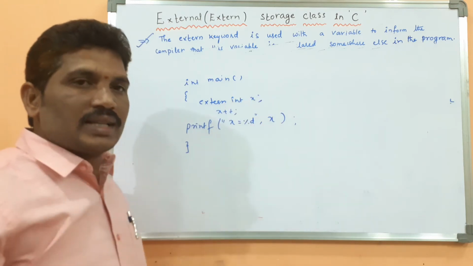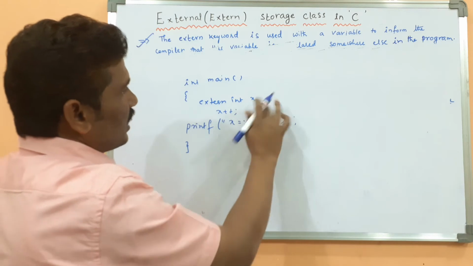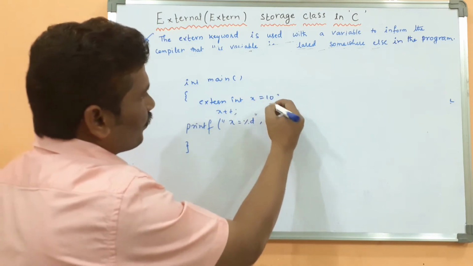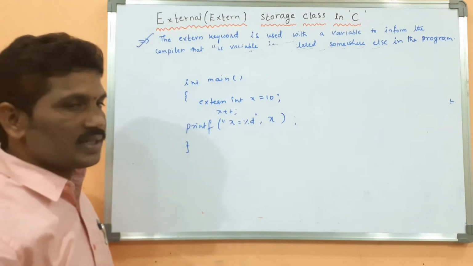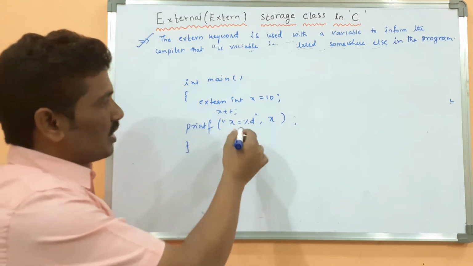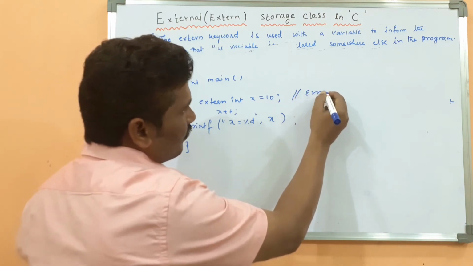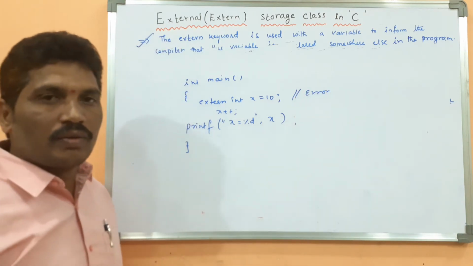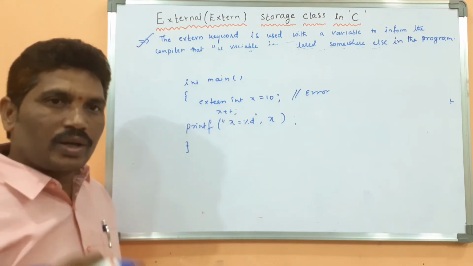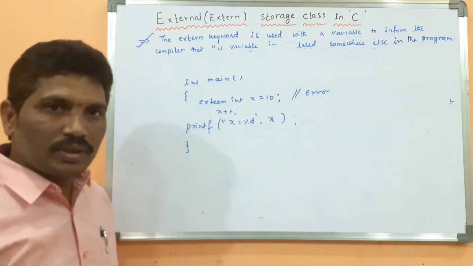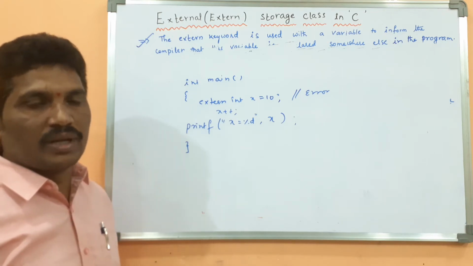If we do not initialize any value to the external variable, by default it is 0. But here, suppose I initialize it with 10: extern int x = 10, x is incremented by 1, then the x value should be displayed. But here, it is an error. Why will the error be displayed by the compiler? Already I told you before writing the example, an external variable should be initialized globally, before the main function.